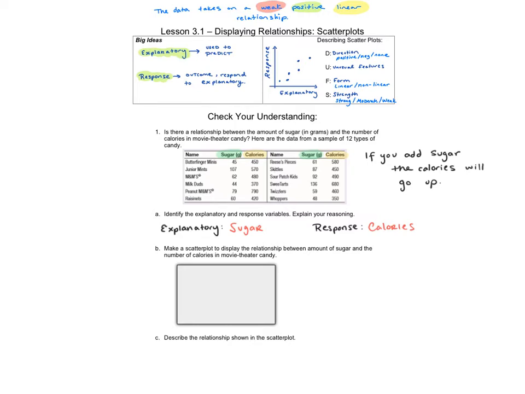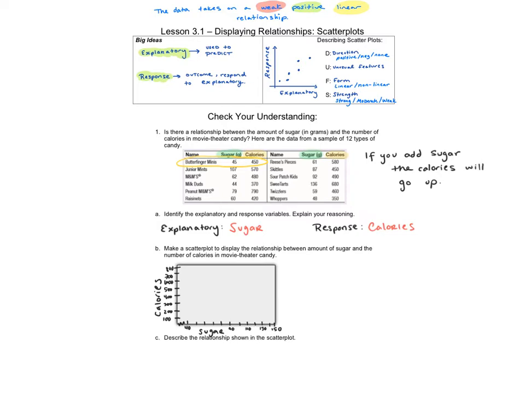So you want to label your explanatory axis and your response axis with sugar in grams and calories. So I have my y-axis going up by 100s and my x-axis starting at 40 and going up to 150 in increments of 10. So now each one of these will be an x and a y.